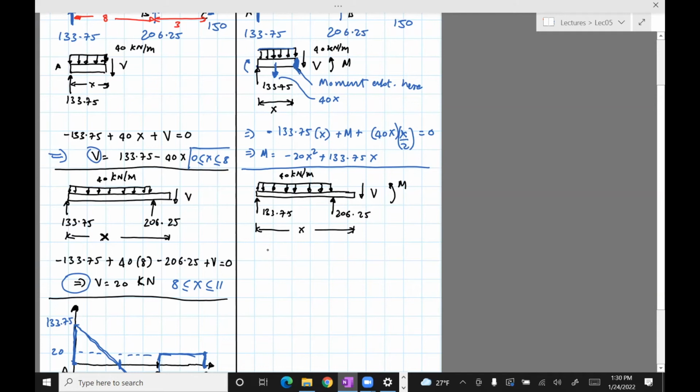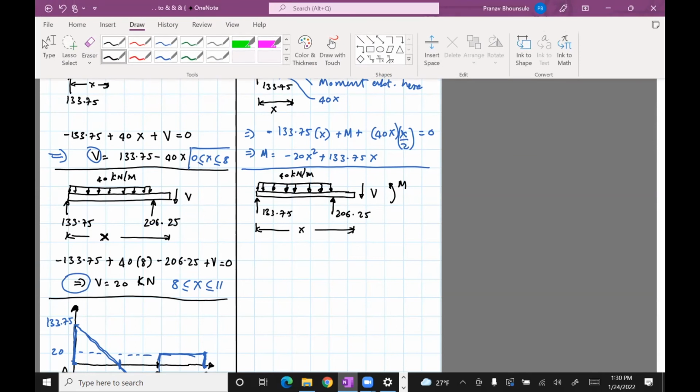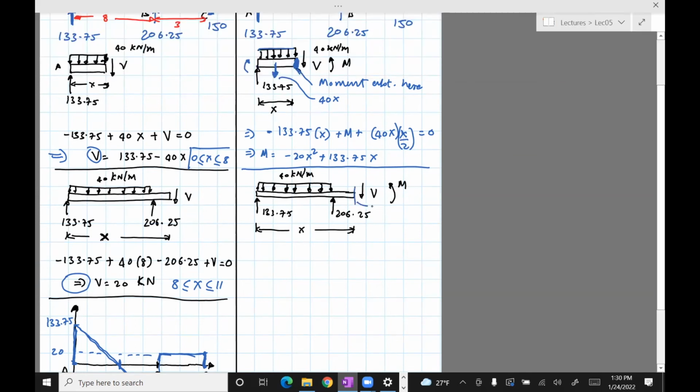Okay, so we do the same thing. We take moments about the cut. So M is counterclockwise, so positive. 133.75 acts at a distance of x, as you can see.